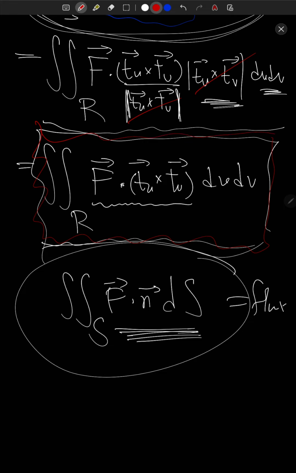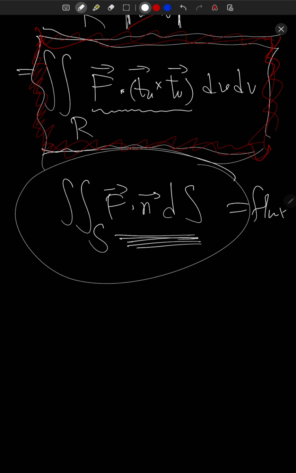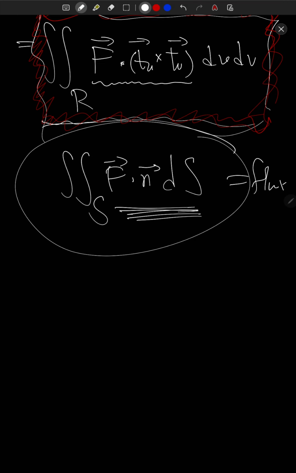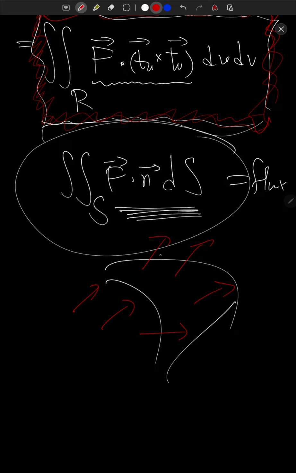All right. Flux is super important, so you definitely want to make sure you understand the concept of flux as well as how to compute it, right? So again, here's a surface. If my vector field looks kind of like this, and I've chosen my orientation to be this direction, then my flux is going to be positive.